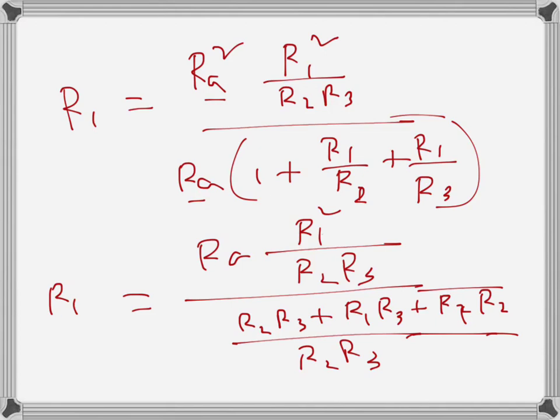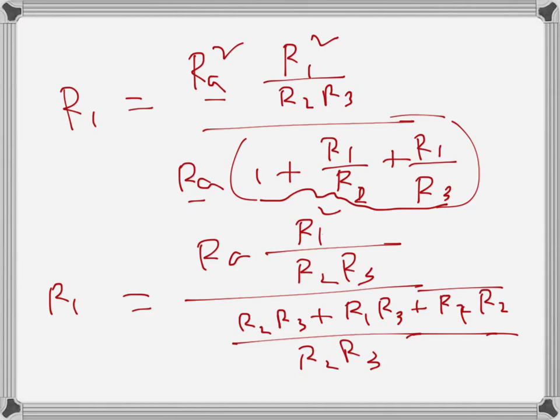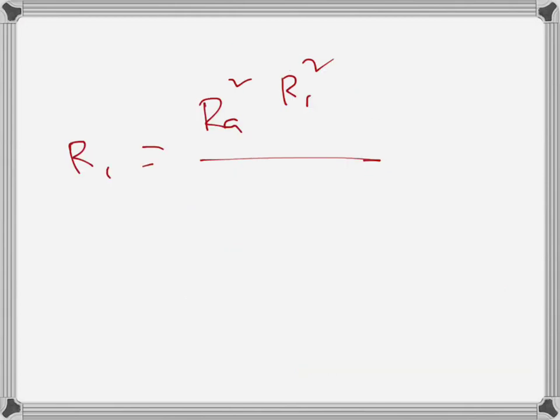All I have done is add these three terms. So now we have R1 and here RA squared and R1 squared. When I divide this fraction by this fraction, these two will get cancelled. So we have this thing, and then R1 times R2 plus R2 times R3 plus R1 times R3.